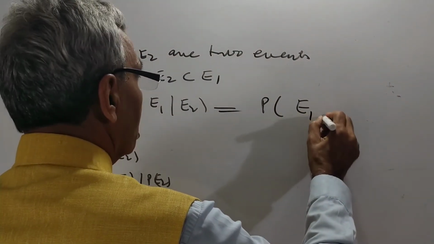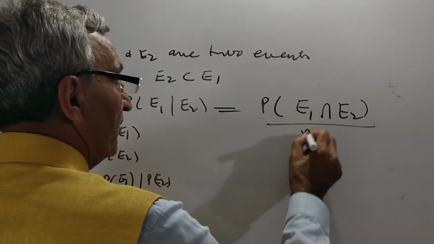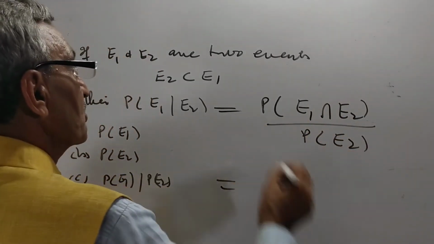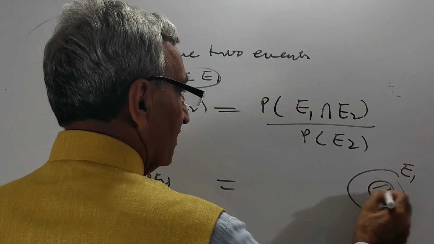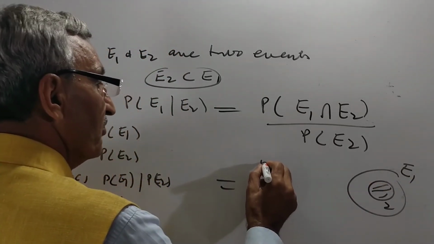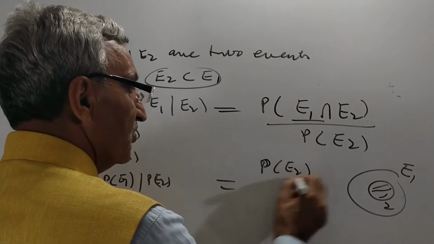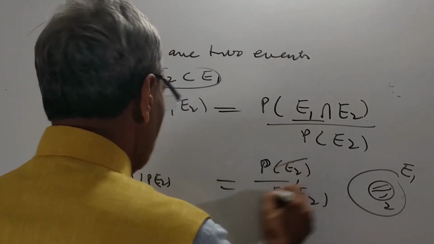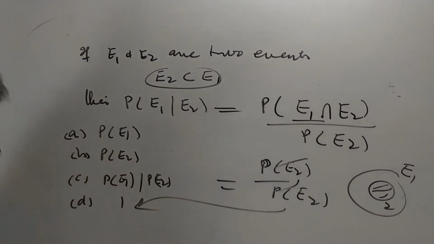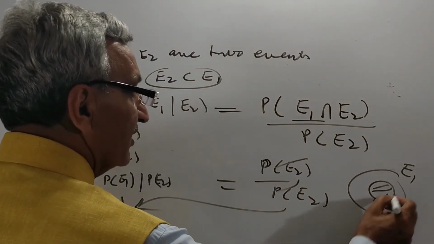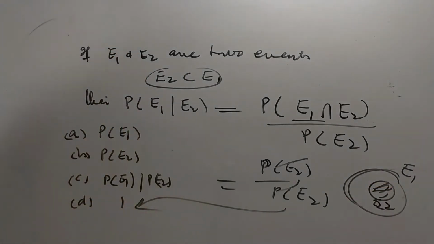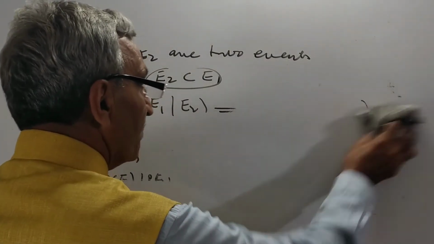Probability of E1 intersection E2 divided by probability of E2. ये आ गया. अब क्योंकि E2 इसका पार्ट है, E1 और E2 पार्ट है, तो इसका इंटरसेक्शन सिर्फ E2 होगा. और दोस्तों कट के इसका आंसर इज इक्वल टू 1. ये आसान सवाल एनडीए में पूछा गया है कि E2 जो है E1 का सबसेट है, तो इंटरसेक्शन E2 होगा और आंसर इज 1. So this is a very simple question.